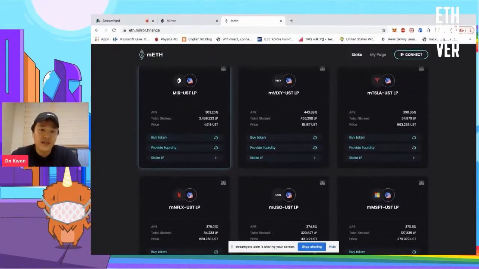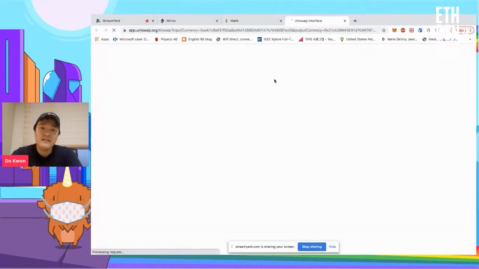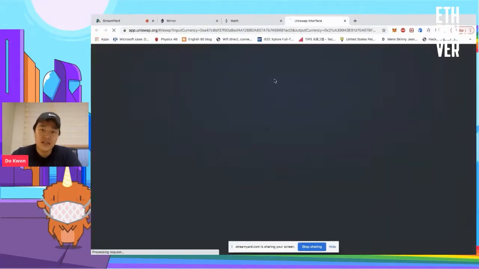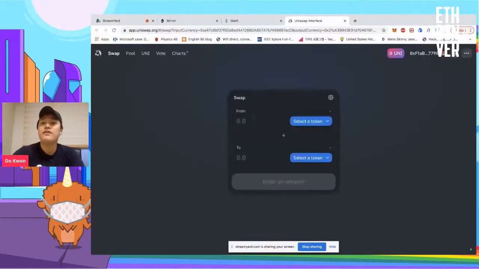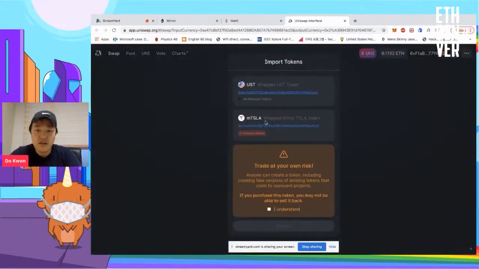For the Tesla token, you can press this, and then it takes you to Uniswap's own native interface where you can purchase the Tesla token. It trades against Terra USD, but technically it can trade against anything else.